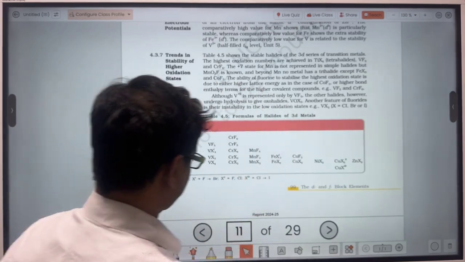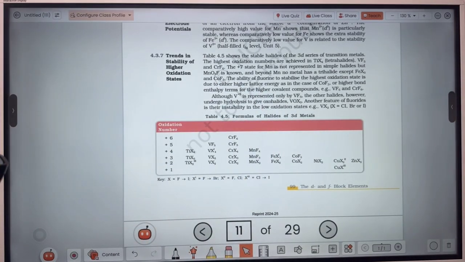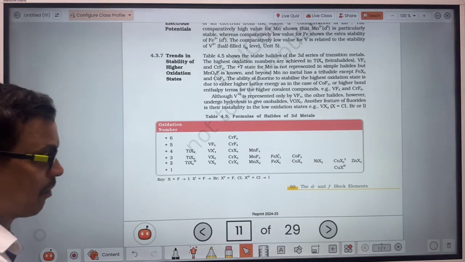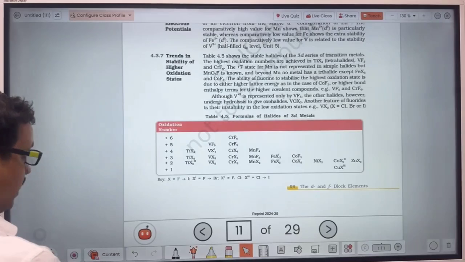Here copper shows the oxidation state of +2 only with fluorine and chlorine and not with bromine and iodine.